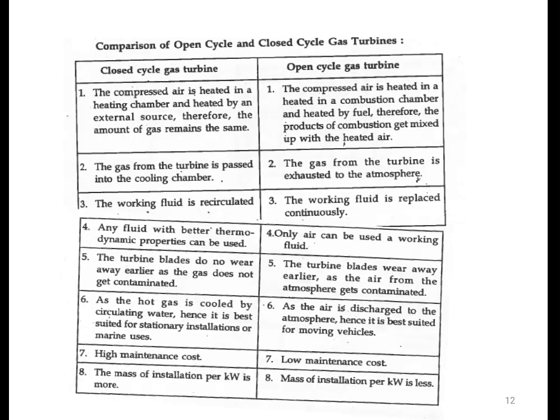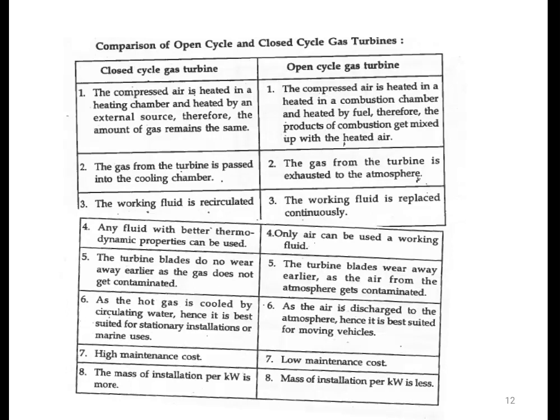It is heated in a heating chamber by an external source. So the amount of gas we are supplying remains the same, because it is externally heated in a heating chamber.